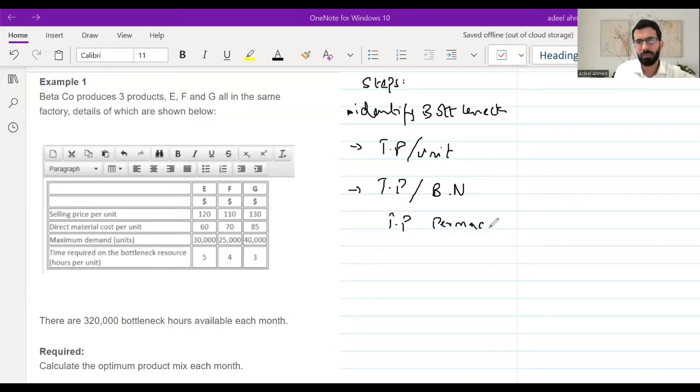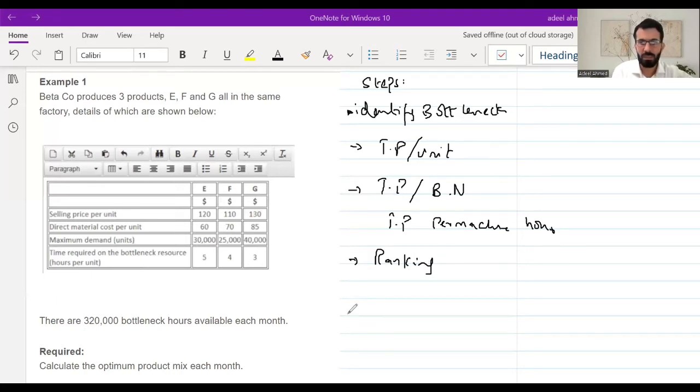So in the first step, we calculated throughput per unit, and then we calculated throughput per machine hour, because for us the limiting factor is machine process time. So we need to maximize our throughput with respect to that particular machine or process. That's why the ranking would be based on throughput per machine hour, not per unit.